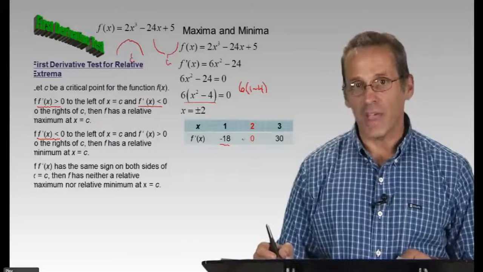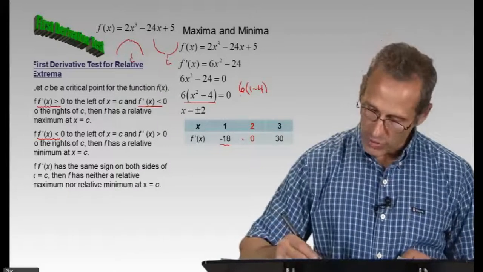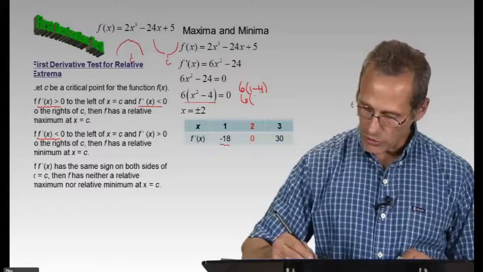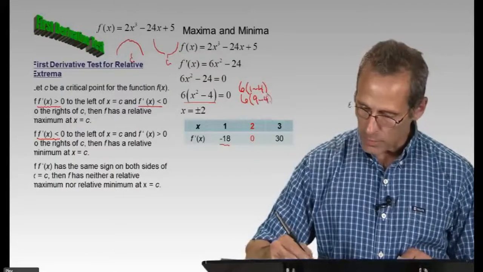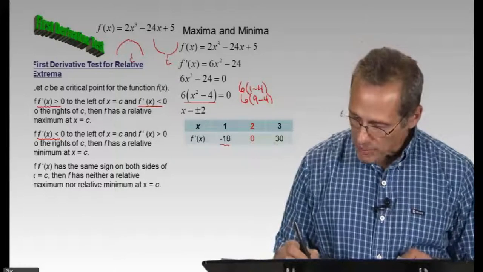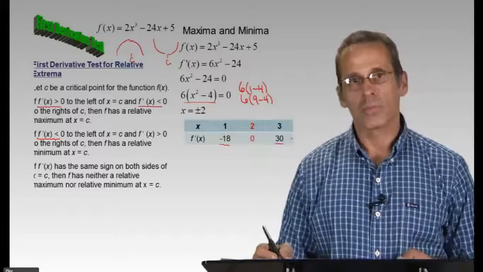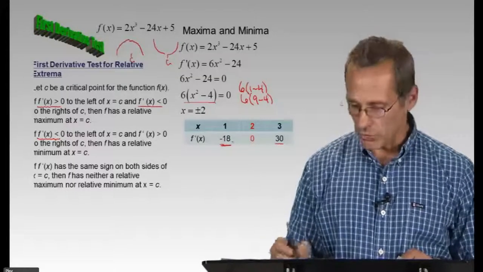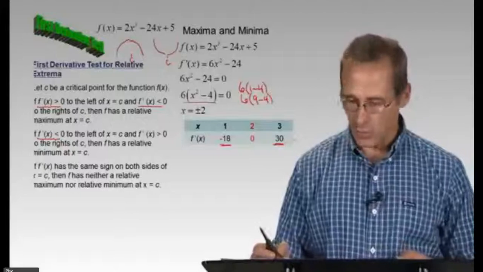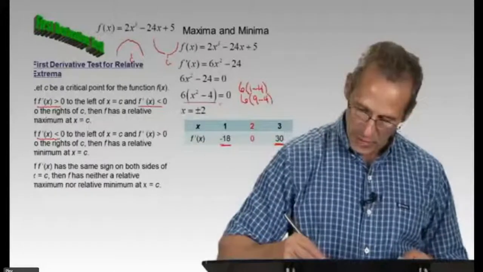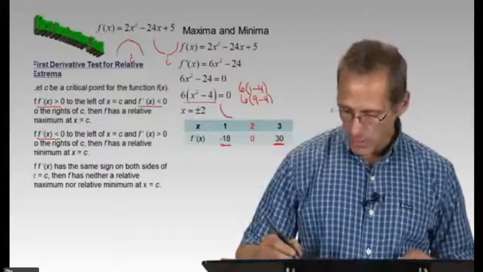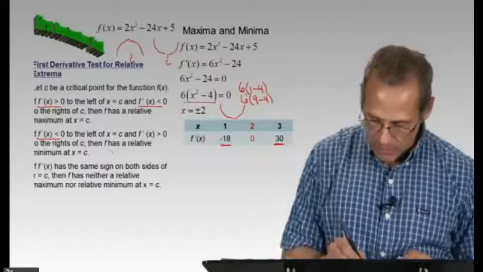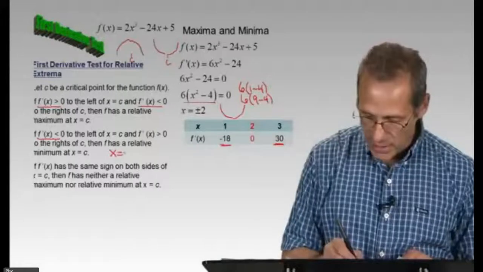And if we take a value of x greater than 2, such as 3, and substitute it into the derivative, we have 6 times 3 squared, well this is 9, minus 4. That'd be 6 times 5, which is 30. So our derivative goes from negative, left of x equals 2, to positive, right of x equals 2. Negative, left of x equals 2, the function's decreasing. Positive, right of x equals 2. You can see that we should have a relative minimum at x equals 2.